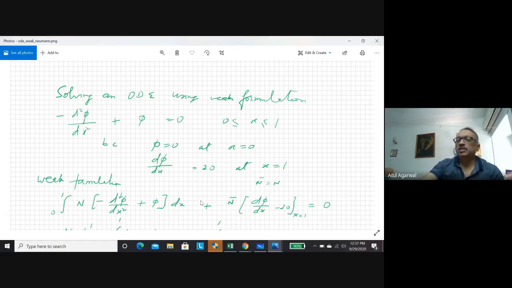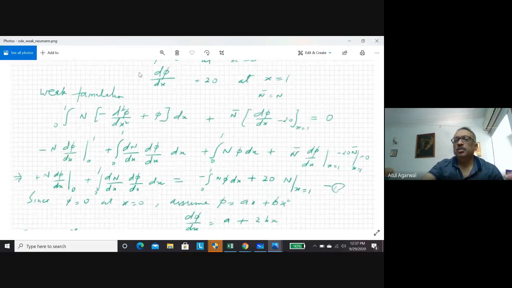Since these weighting functions are absolutely arbitrary, both the differential equation and the boundary condition must be satisfied to get the right hand side as 0. So you integrate by parts. This is what you will get.